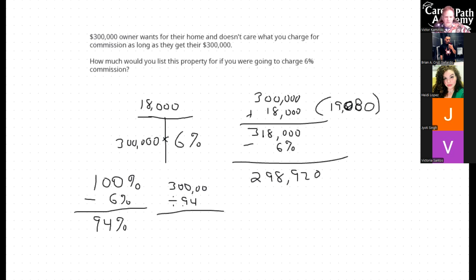That means that we should sell the property for 319,148.9, or 149, rounded. This is the way that you build it into the value to figure it out. Now, if you subtract that 6% from that amount, that should be your listing price, or sale price.